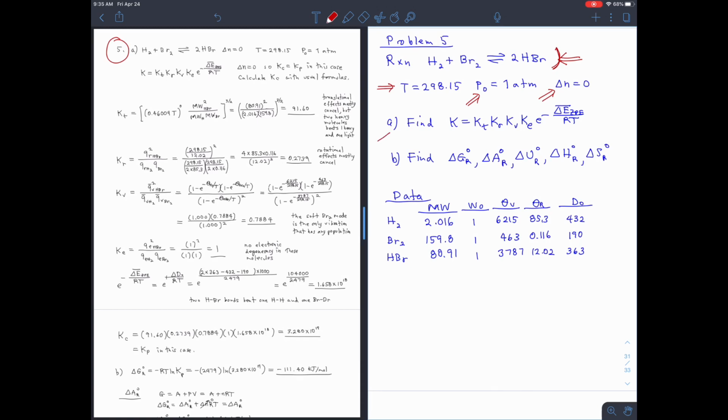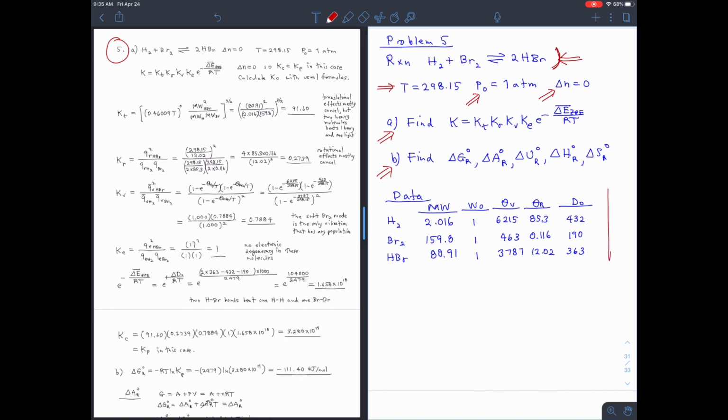Again, the problem is to find, first of all, all the contributions from all the internal motions for the equilibrium constant, and then to calculate, using that equilibrium constant and other things, all the thermodynamic properties we can think of.